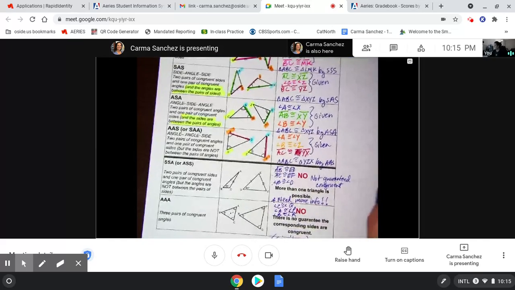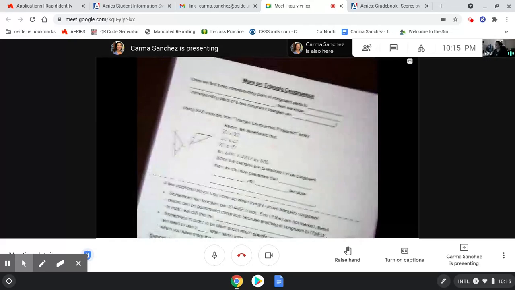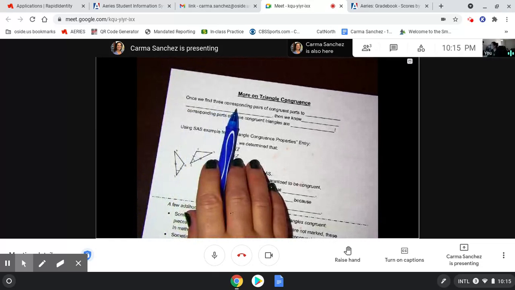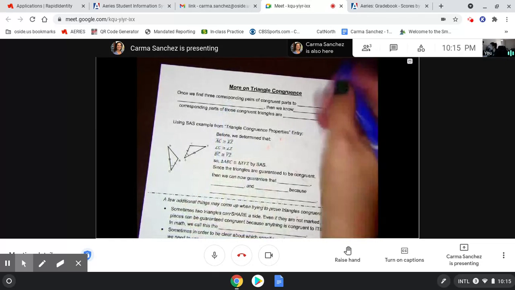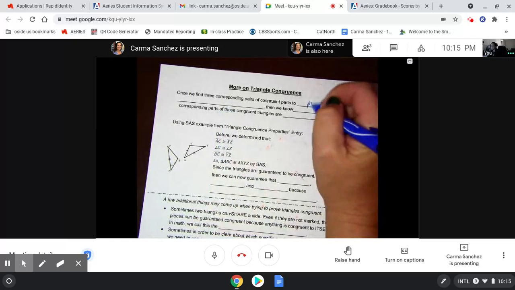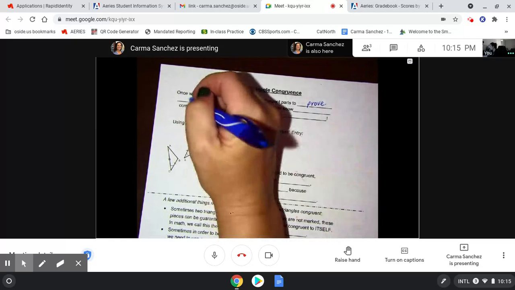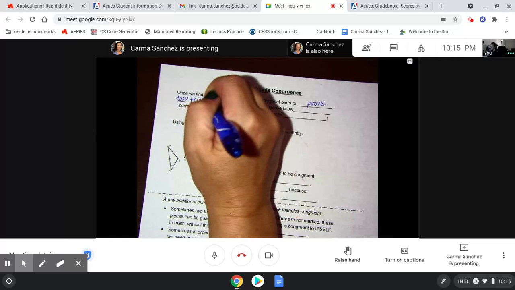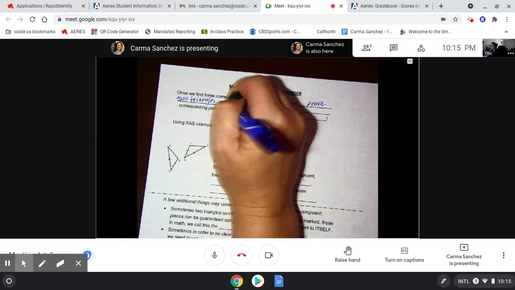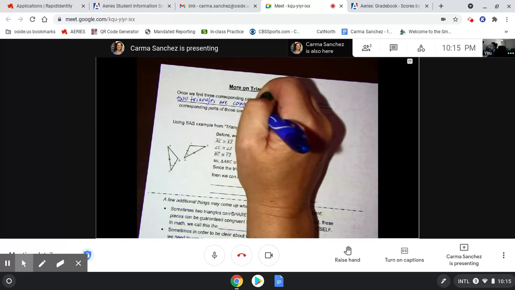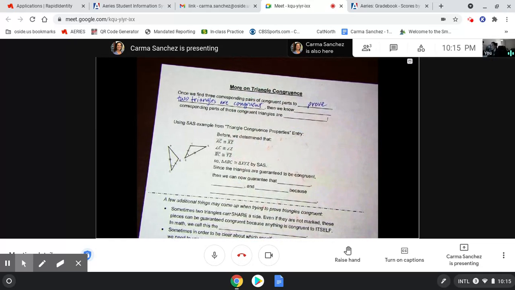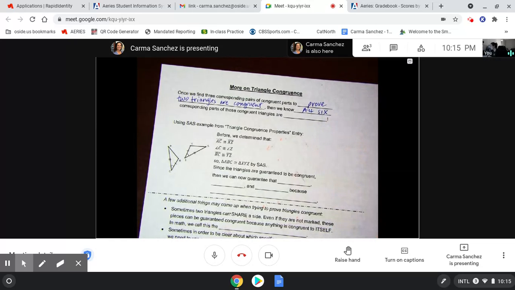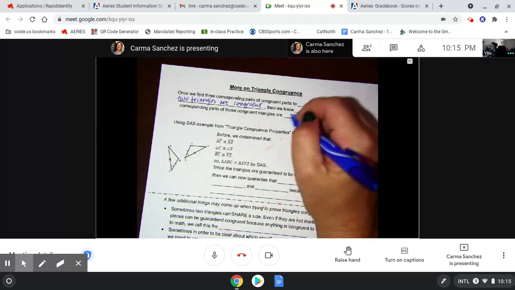Now I'm going to flip over to the next side, which gives us a little bit more information about triangle congruence. Once we find 3 corresponding pairs of congruent parts to prove 2 triangles are congruent, then we know all 6 corresponding parts of the congruent triangles are congruent.